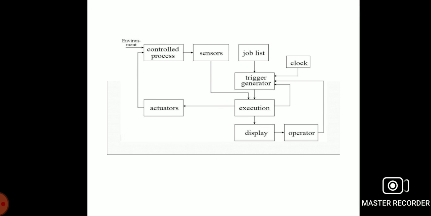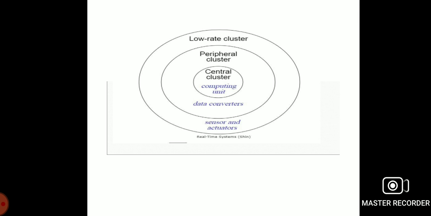So we can see this structure. There are real-time systems: the lower rate clusters, the peripheral clusters and the central clusters. It is a computing unit.